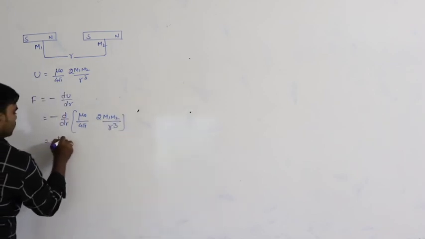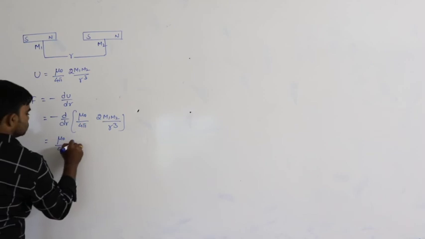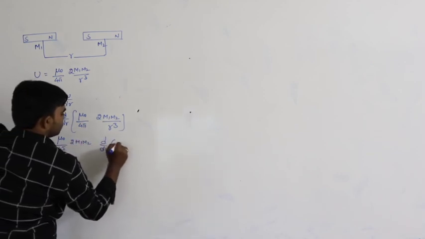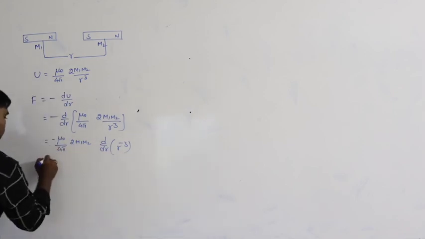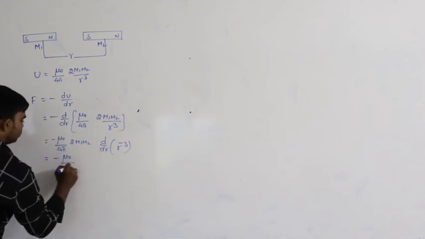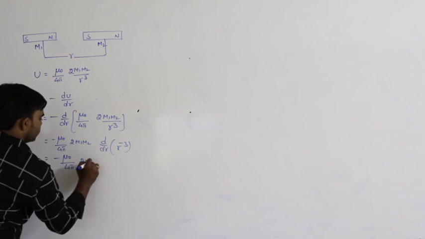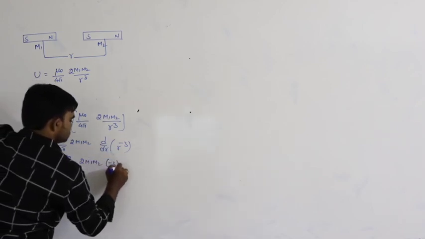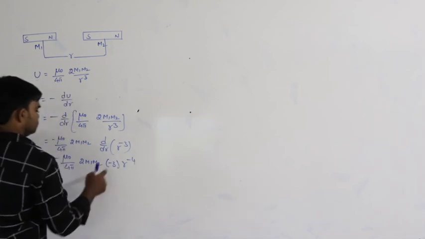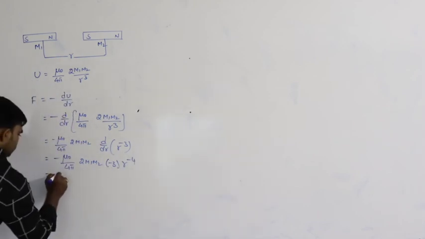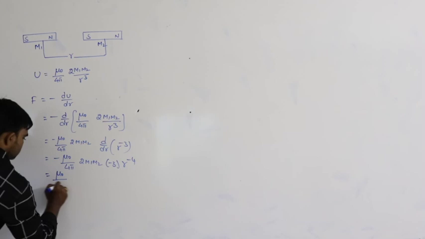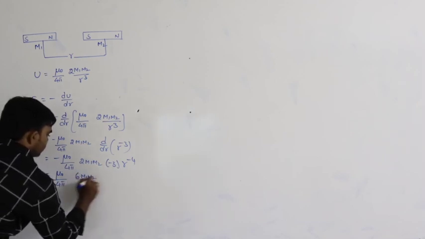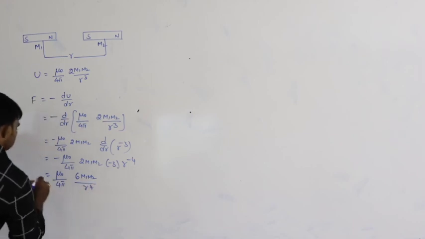That is mu naught by 4 pi 2 m1 m2 times d by dr of r power minus 3, which is minus minus 3 into r power minus 4, so plus mu naught by 4 pi 6 m1 m2 by r power 4.